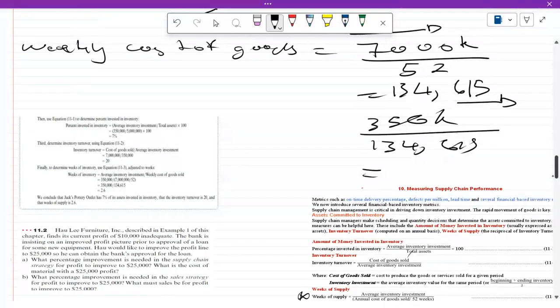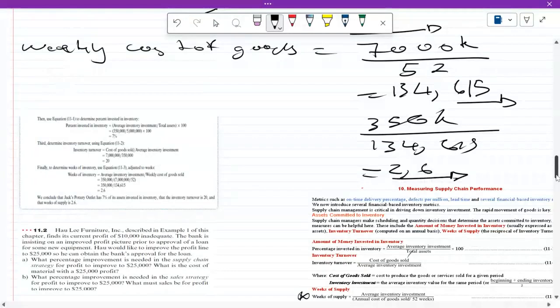Then put it in the formula, 350 divided by 134.615. Then you must get 2.6. Yes, and we are getting 2.6 as they are doing in there.